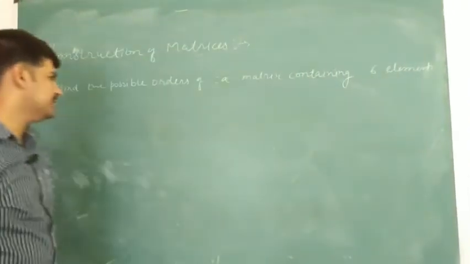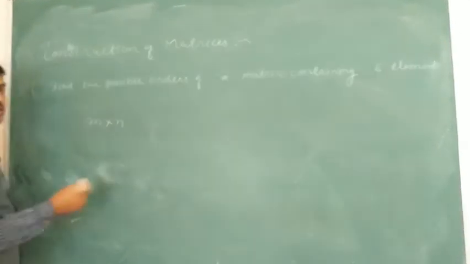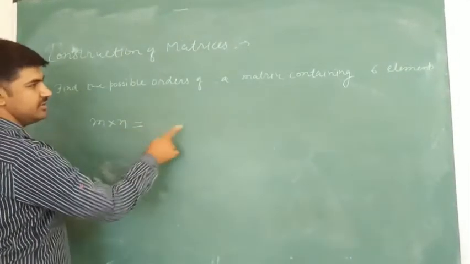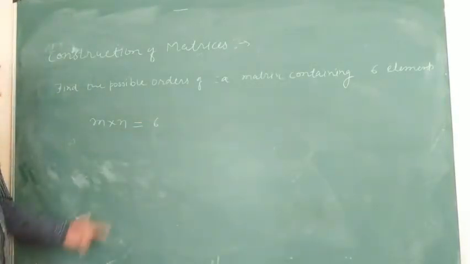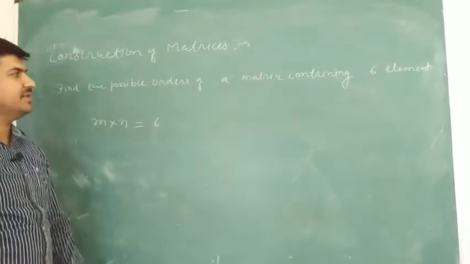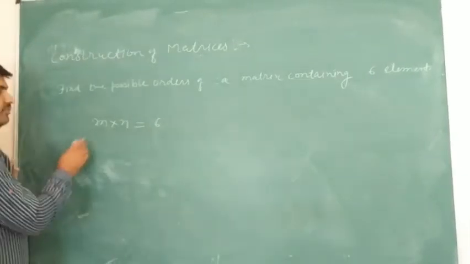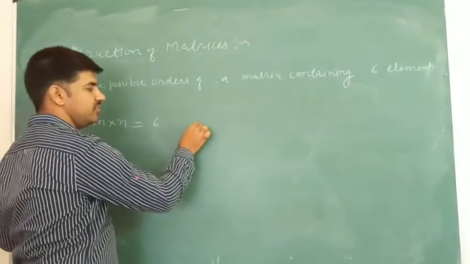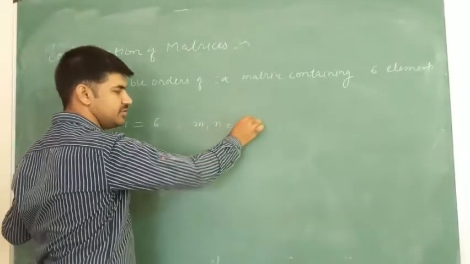So students, the order of a matrix is m by n generally, and the number of elements we are given is equal to 6. So what may be the possible values of m and n? If you know the basic mathematics, you can easily find the values of m and n. M and n are obviously natural numbers.